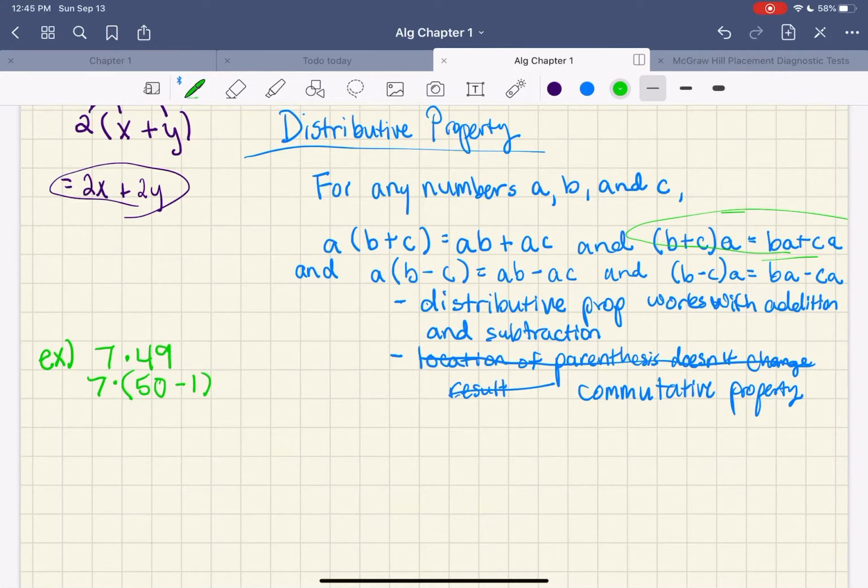So I do the distributive property like that, and I would be getting that it equals 350 minus 1 times 7, which is 7. Now I just need to do 350 minus 7, which is 343. And that's my answer.